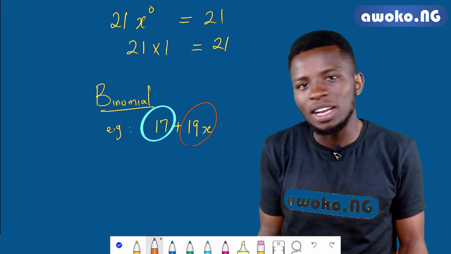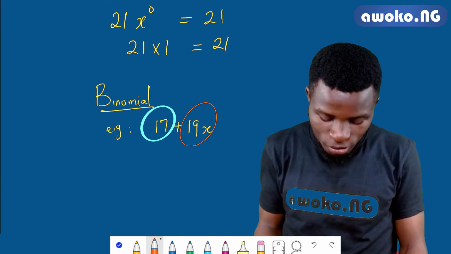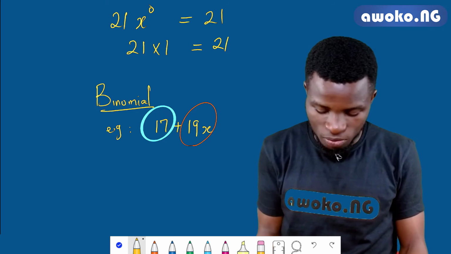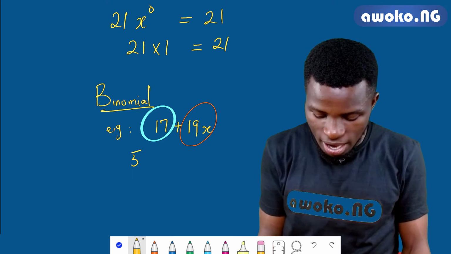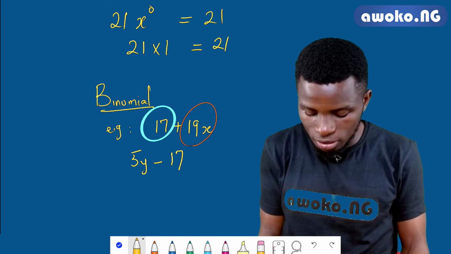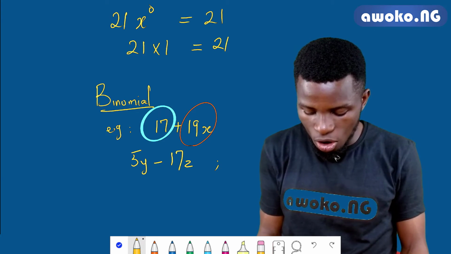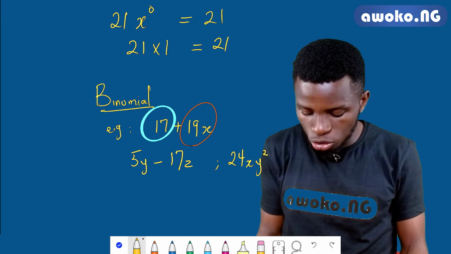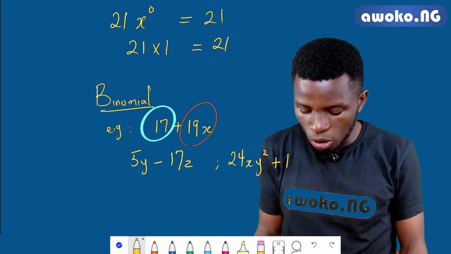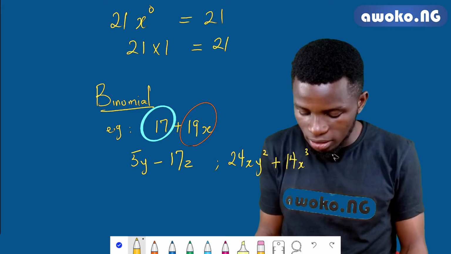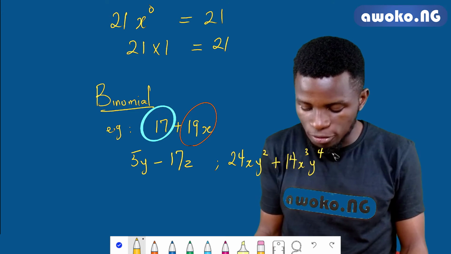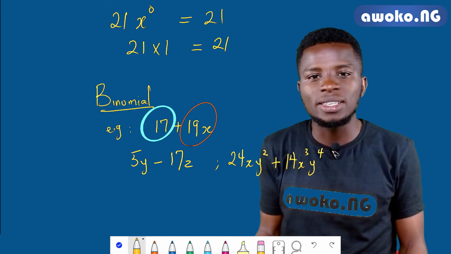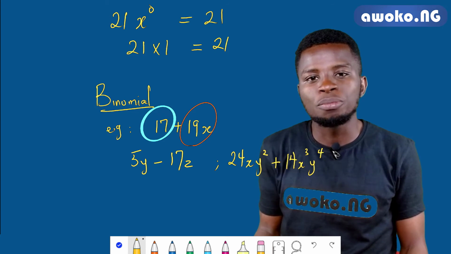So having said that, let us consider another example. We can also have an example like 5y minus 17z. Also, we can have 24x y raised by 2 plus 14x cubed y raised by 4. These are all examples of binomials.